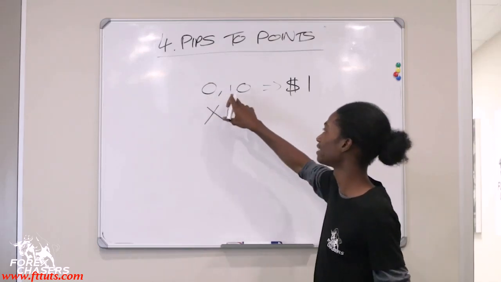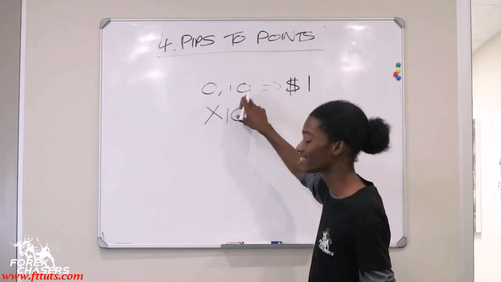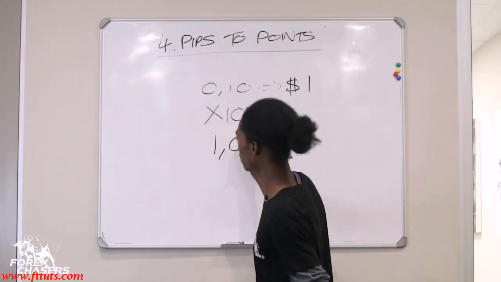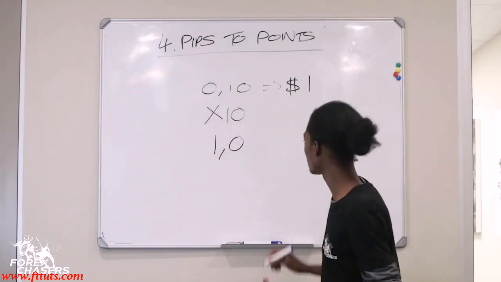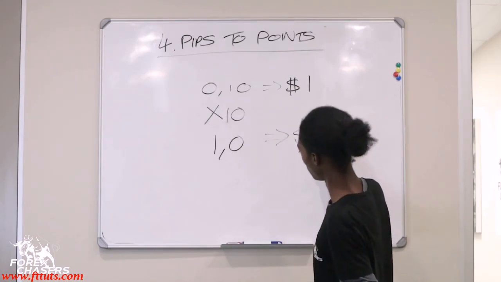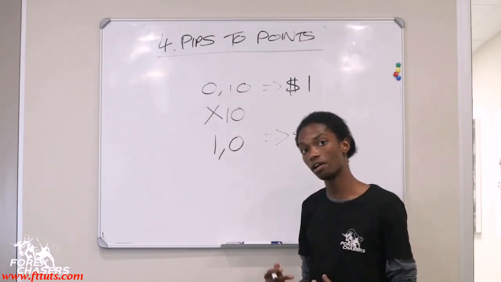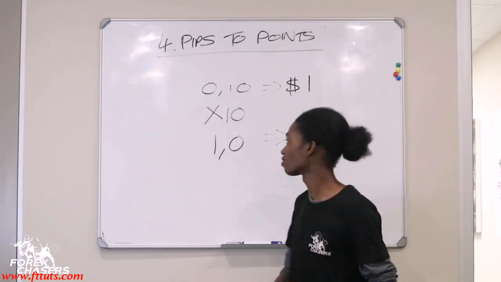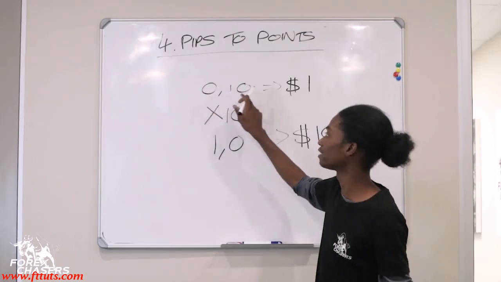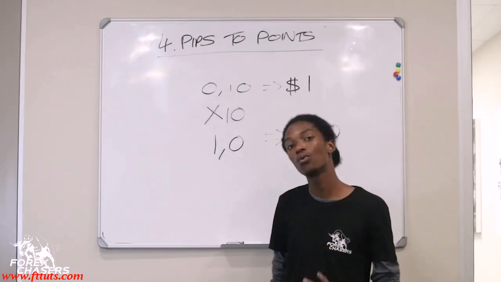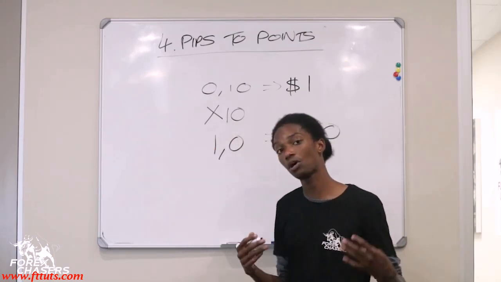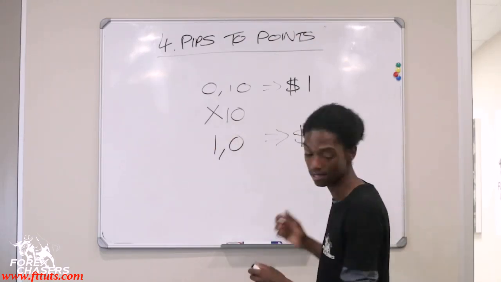So 0.10 multiplied by 10 would give us one standard lot, and one standard lot would equate to $10 per point. So in a sense, when we're executing 0.01 on indices, we are getting the multiplication times 10, which would equate to our price.